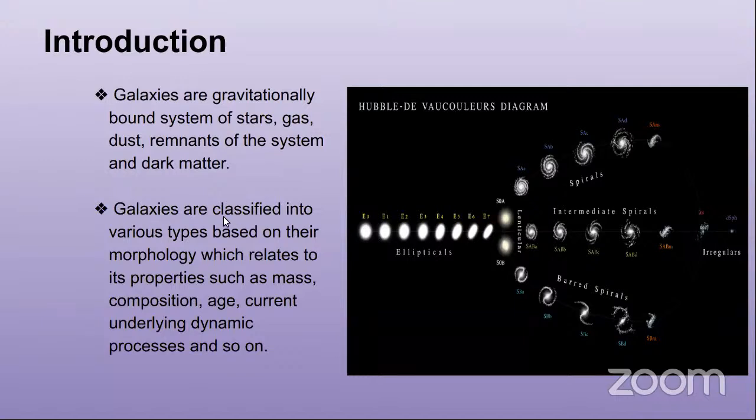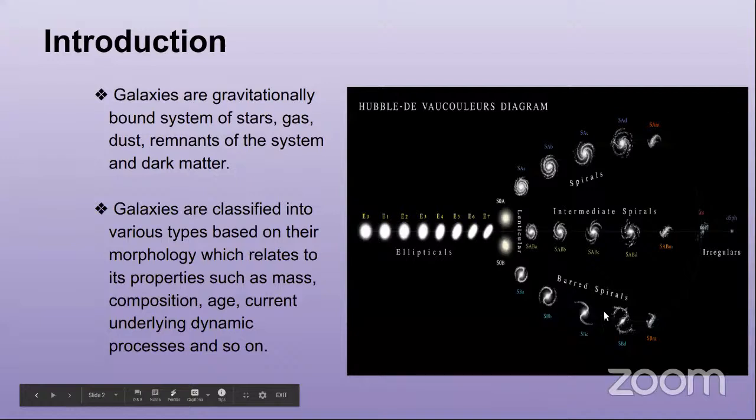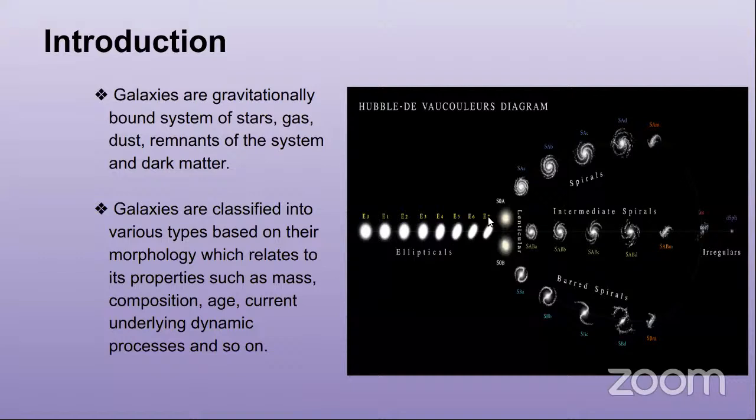There are various ways of classifying galaxies, and this is the latest method of classification. Here they have combined Hubble's classification and the de Vaucouleurs classification, which is numbered. These numbers are nothing but the ratios of the axes. E0 means it is completely spherical.